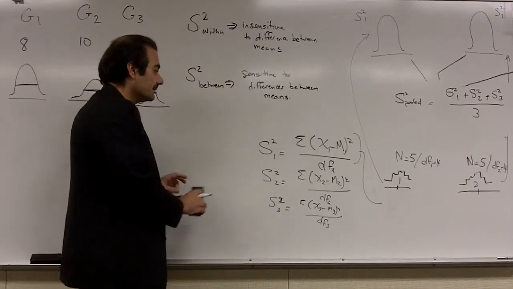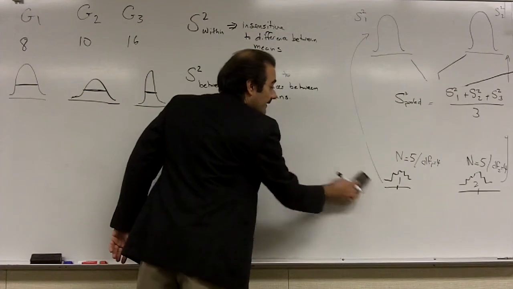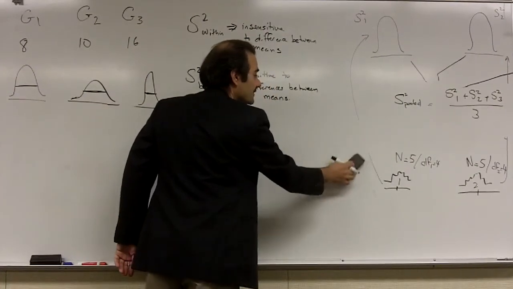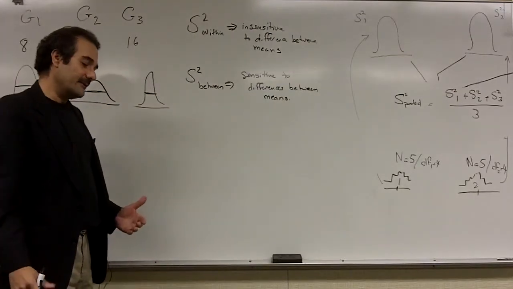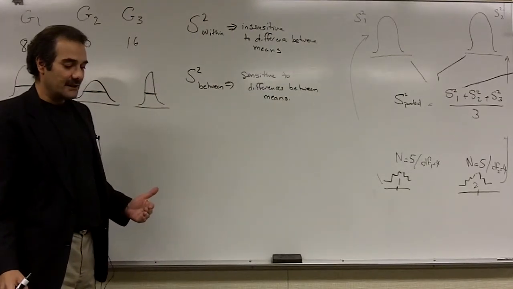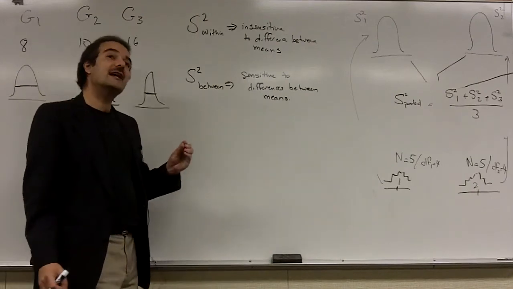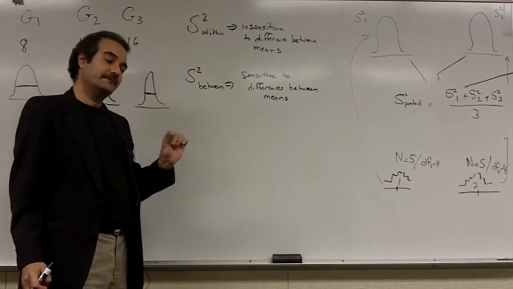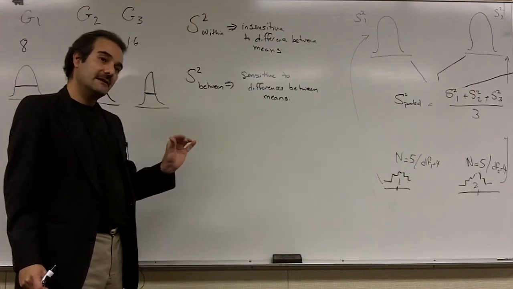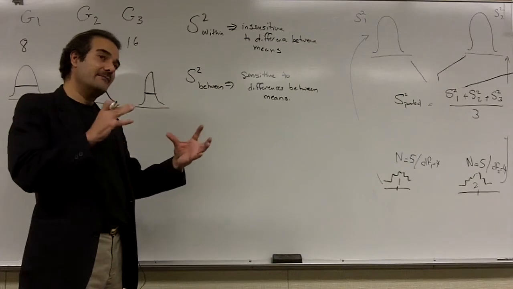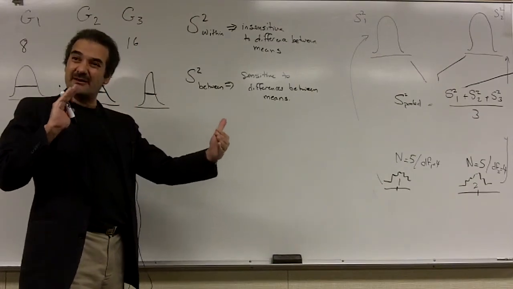And he decided, look, I can come up with a ratio that will change in value when the means are different, and become bigger and bigger as the means start to differ from each other further and further.